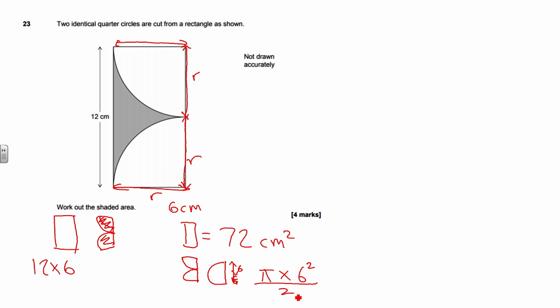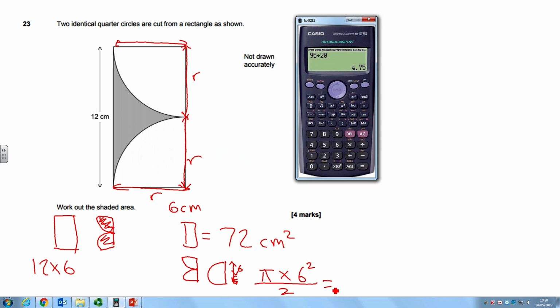Because this is half a circle, we'll need to divide it by 2. Grab my calculator, let's calculate that. We press the shift button and the 10 to the x button to get the pi, times 6 squared, press equals, there we go, 36 pi, and then I need to halve that, so that's 18 pi.